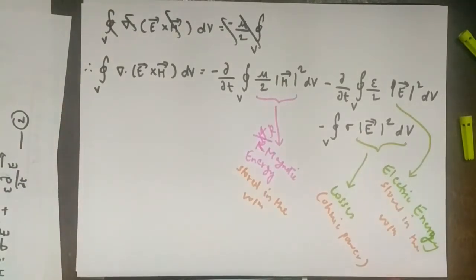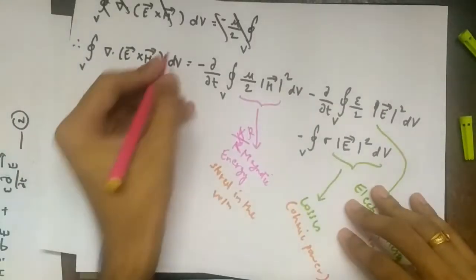So now let's simplify it further. I'll again come back to this. Now this is a volume integral, and I want to convert it to a surface integral.